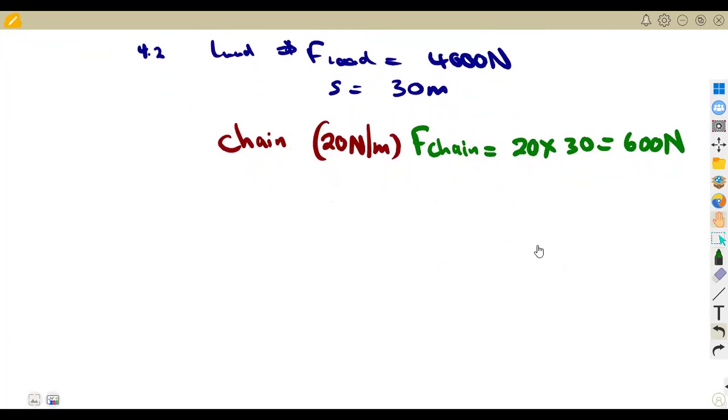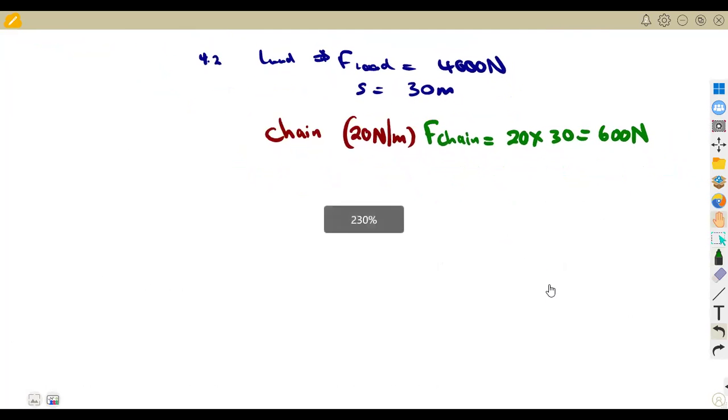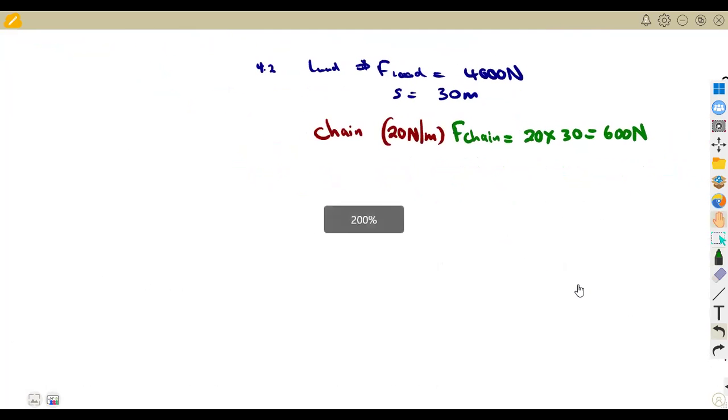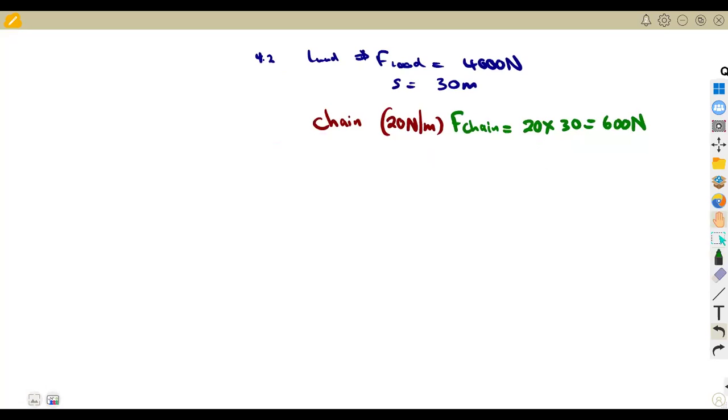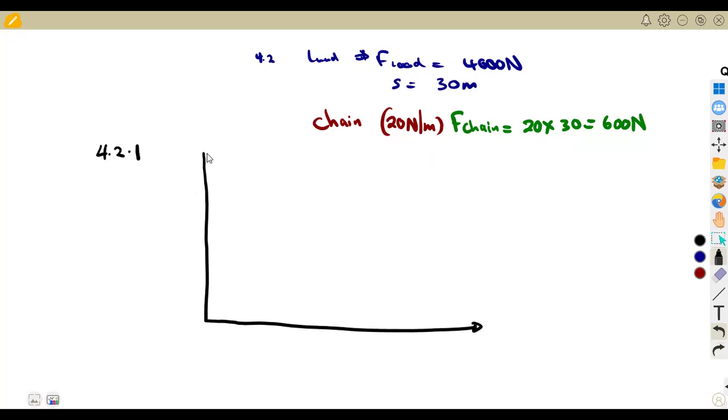Like I said, guys, for the diagram, we simply need the force on the vertical axis and the distance on the horizontal. So we are going to have something of this nature. That's the force on the vertical, then on the horizontal we are going to have the distance. Here we have the force in Newton.